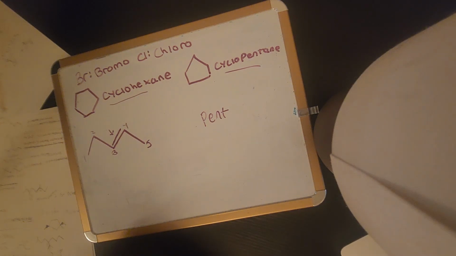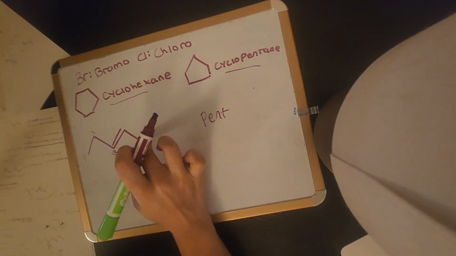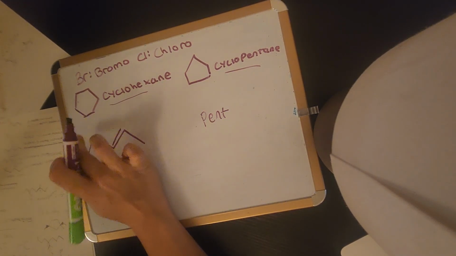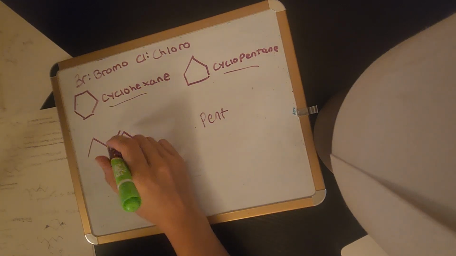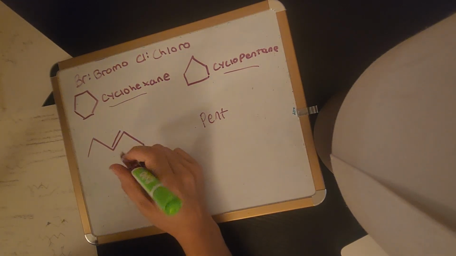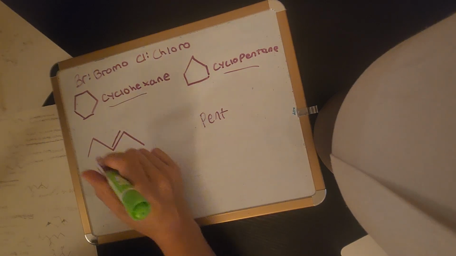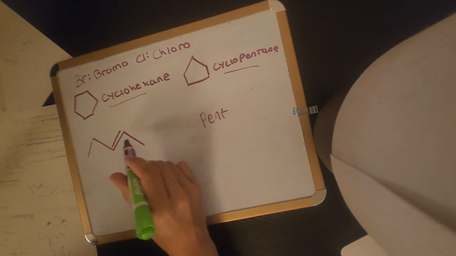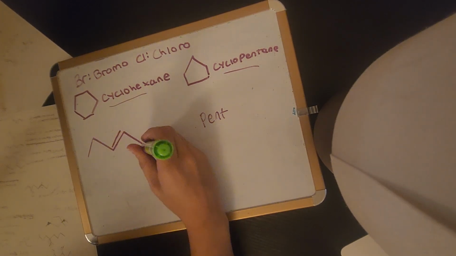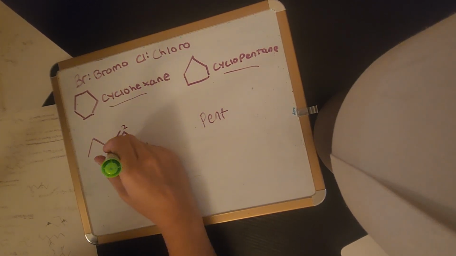And with double bonds, you're going to want to name them from the lesser side. So in this case, it's going to be 1, 2, 3, but from here it's going to be 1, 2. So we're going to renumber.